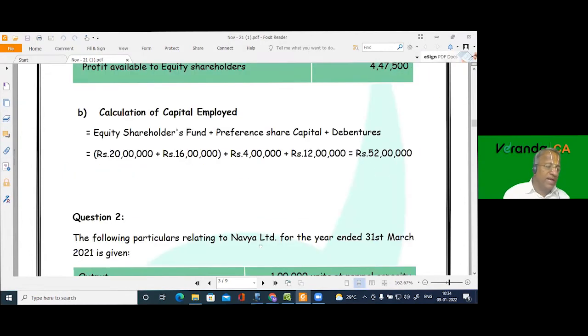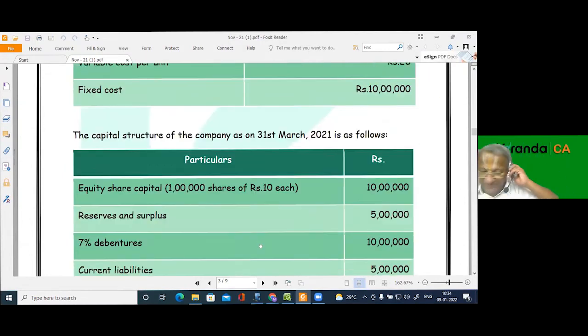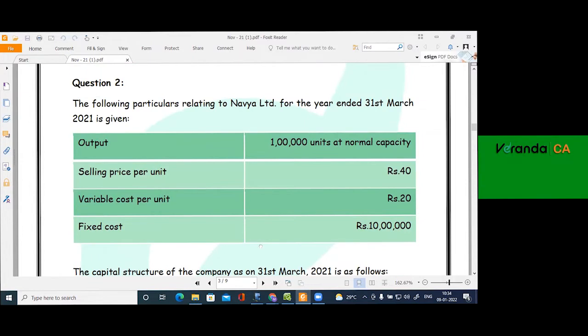Now we will take up question number 2. The following particulars relating to Navya Limited for the year ending 31st March 2021 are given below.